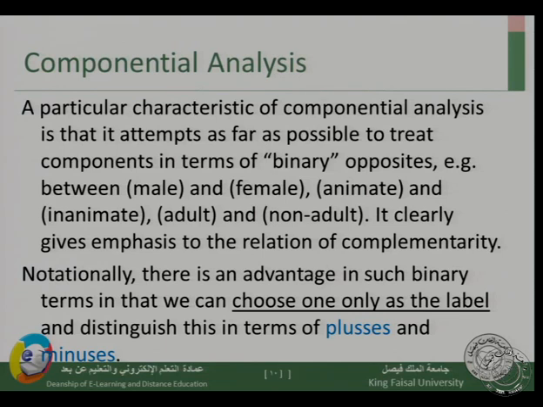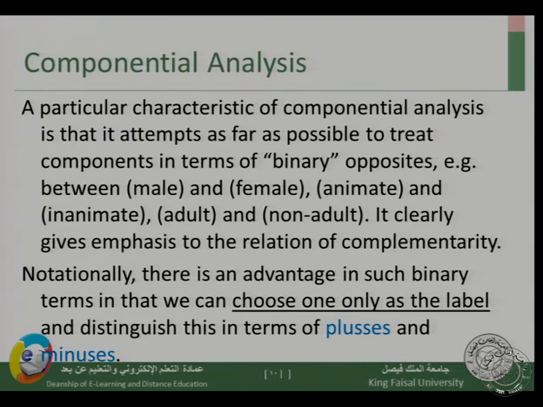Let's talk about something else here. One of the characteristics of componential analysis is that we try as much as we can to treat components in terms of binary opposites. If you remember in our lecture about antonymy, we talked about binary antonyms. So we say that things like male and female, these are binary. All right, there is nothing between them.